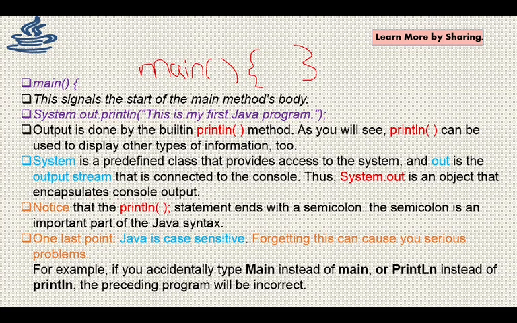So we should notice that the println statement ends with a semicolon. This is also a standard, okay, like this semicolon. So the semicolon is an important part of the Java syntax.